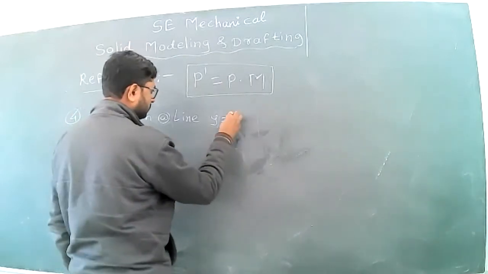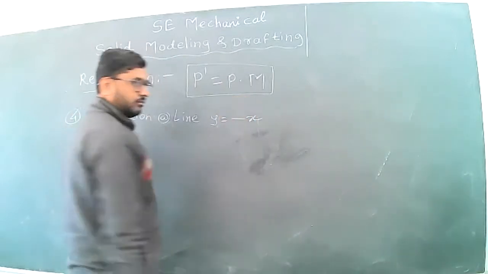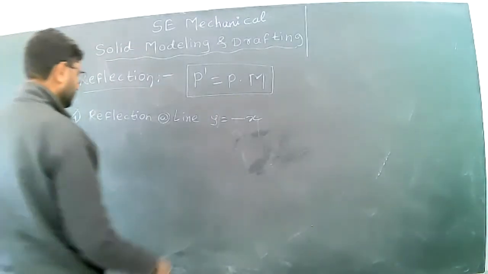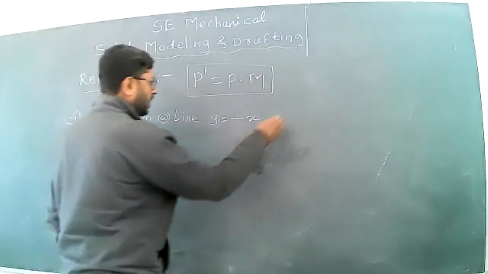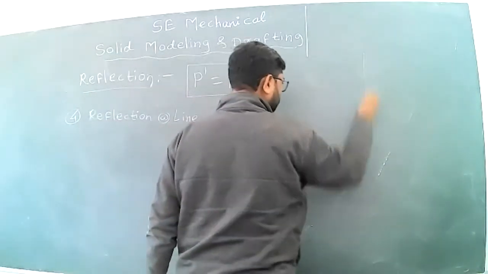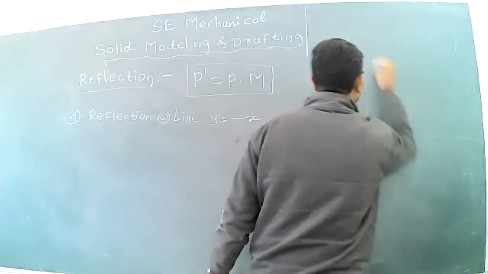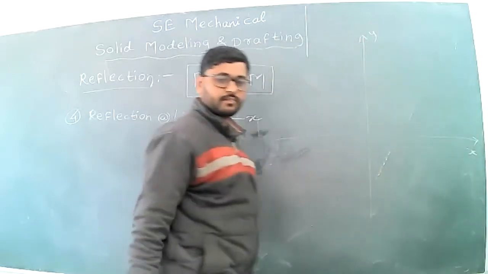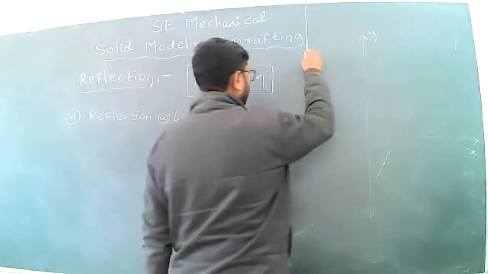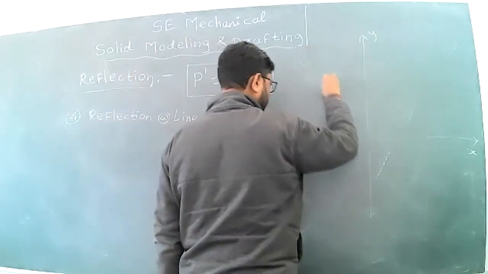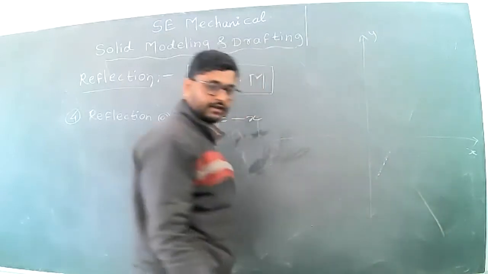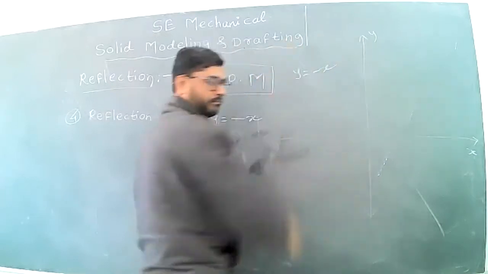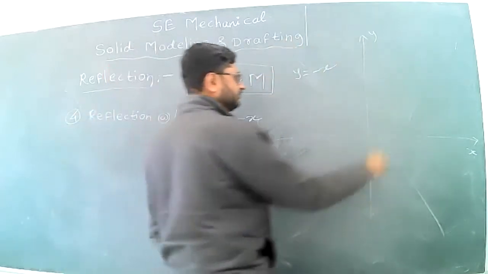For this particular case, again I just draw the x-axis, y-axis, and one line, that is line y is equal to minus x.